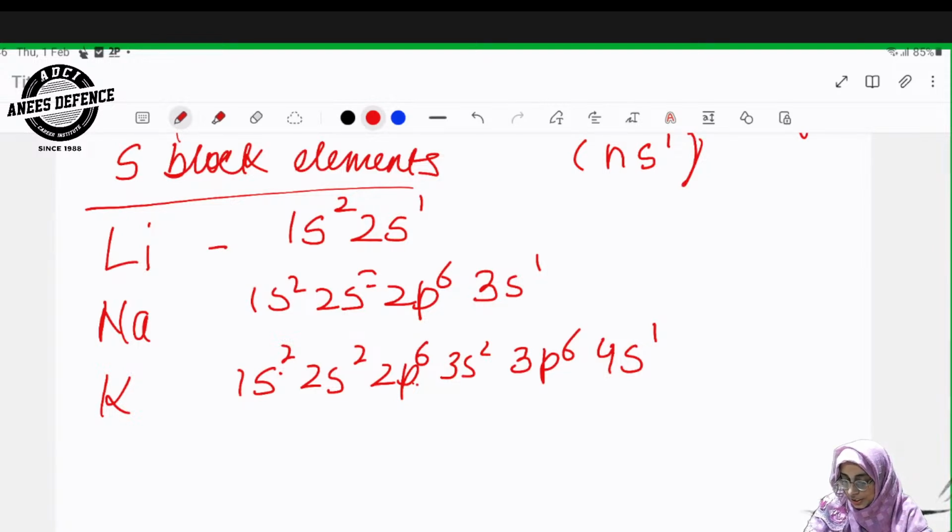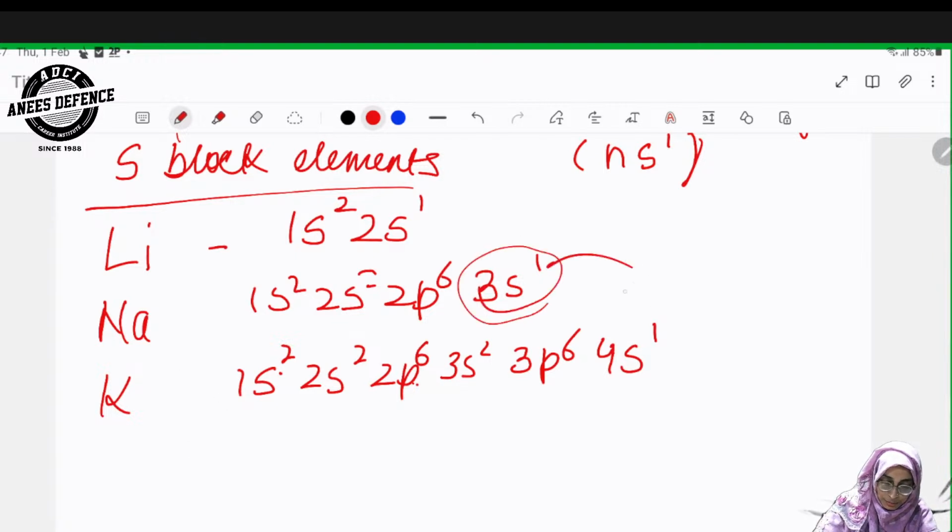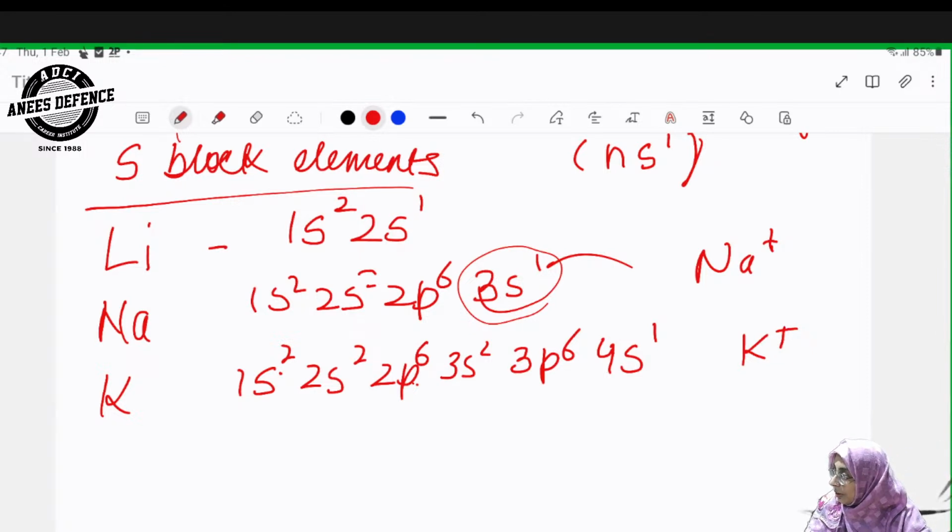They are very reactive. They just lose their last electron and gain a positive charge. They lose one electron and become Na+, and K+. They can easily lose their electron to complete their octet.